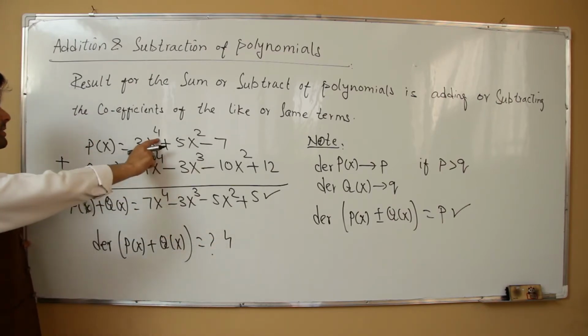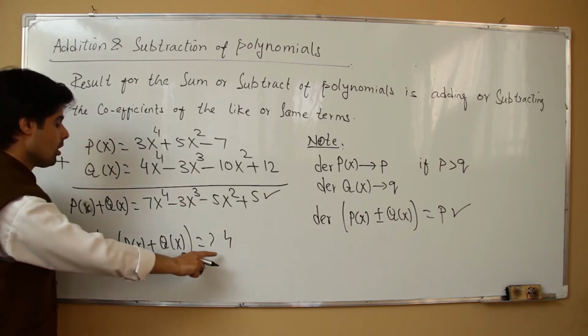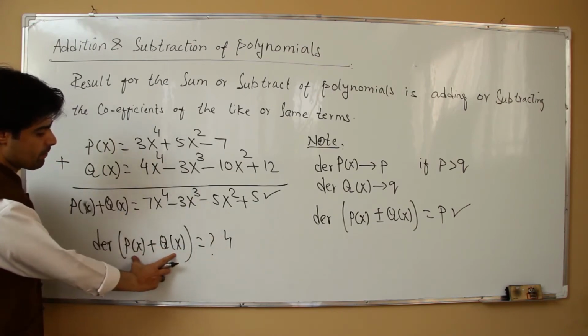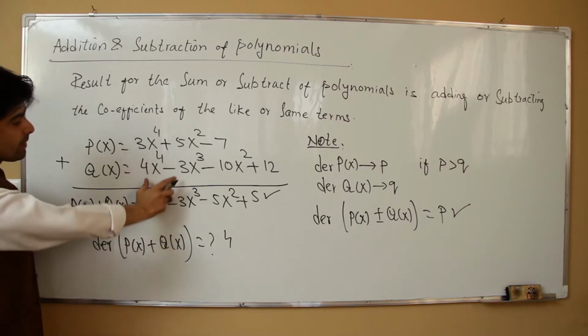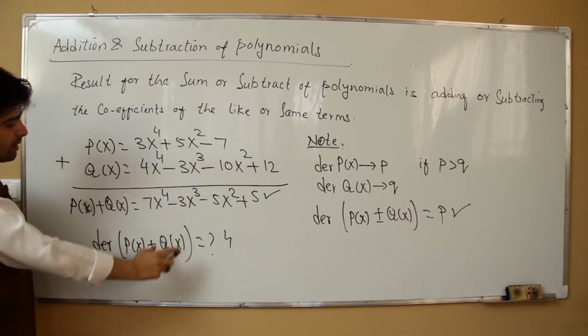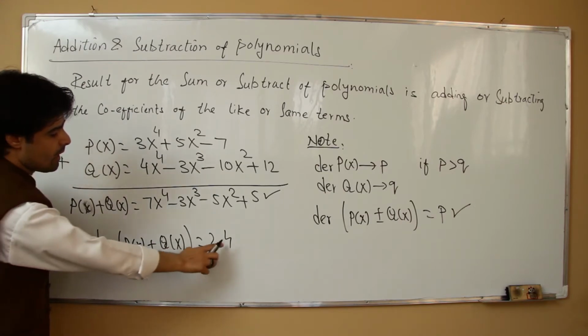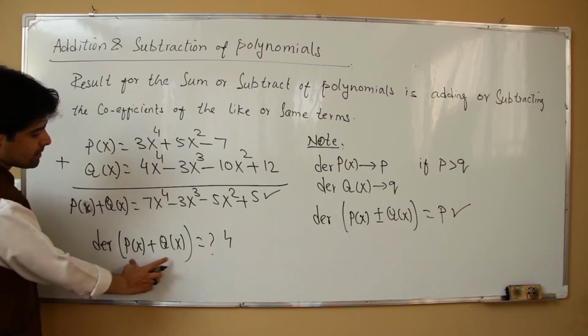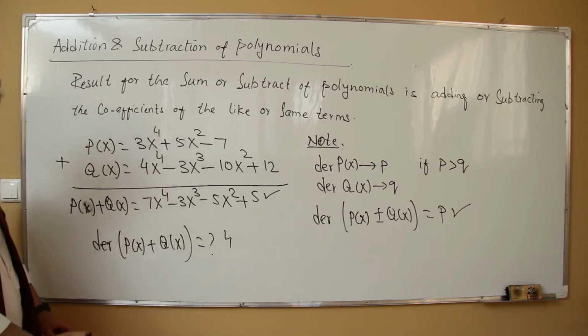But if P(x) has the greater degree, then the degree of P(x) is taken as the highest degree of P(x) plus Q(x). If the degree of Q(x) is greater than P(x), then take the degree of Q(x) as the result or the highest degree for P(x) plus Q(x). I think it was very simple.